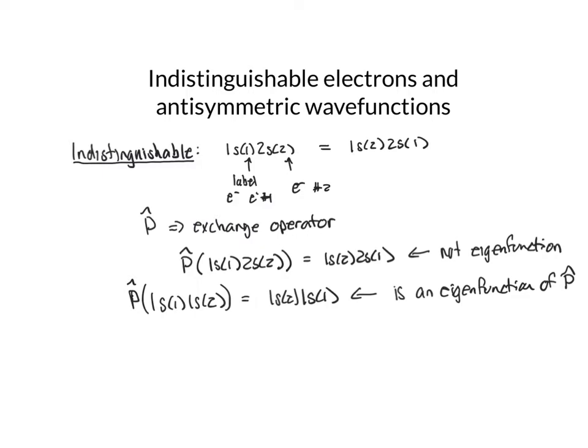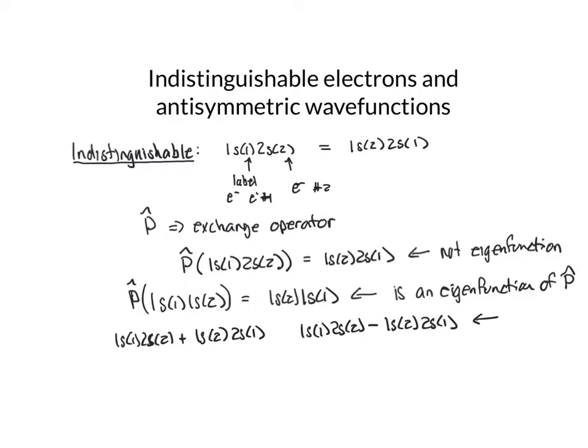So in order to write this wave function where I have one electron in 1s and one electron in 2s as an eigenfunction of the exchange operator, I could write linear combinations of that. So I could write 1s1, 2s2 plus 1s2, 2s1, or 1s1, 2s2 minus 1s2, 2s1.